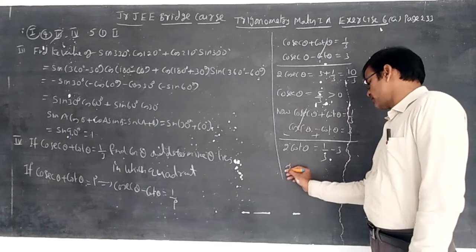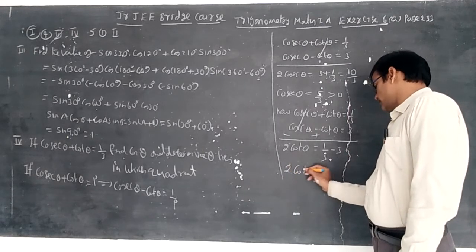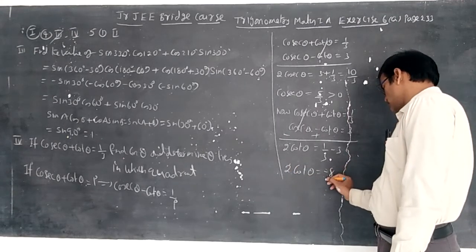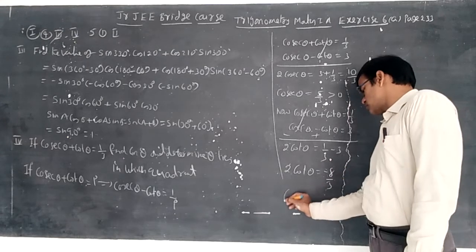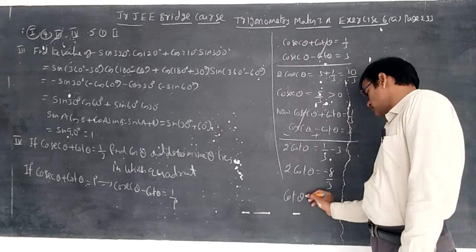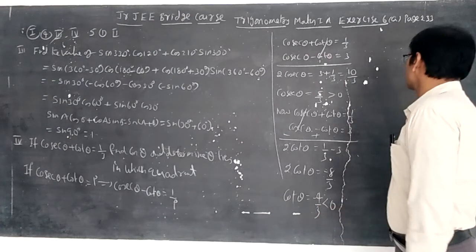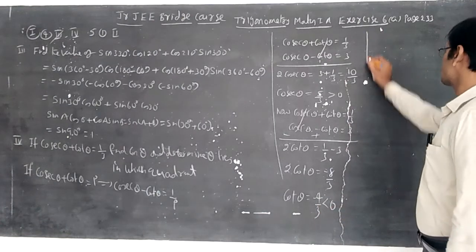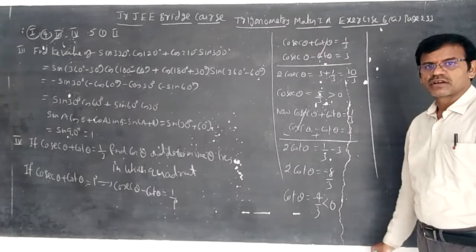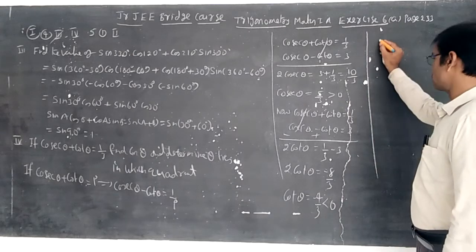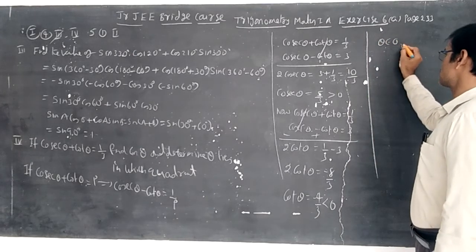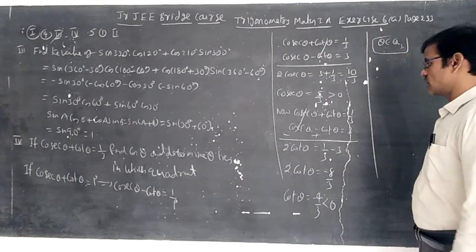Take an LCM, 3: 1 minus 9, so it is minus 8 by 3. So cot theta is equal to minus 4 by 3. It is negative. You can understand that cosec theta is positive and cot theta is negative, so theta belongs to the second quadrant.